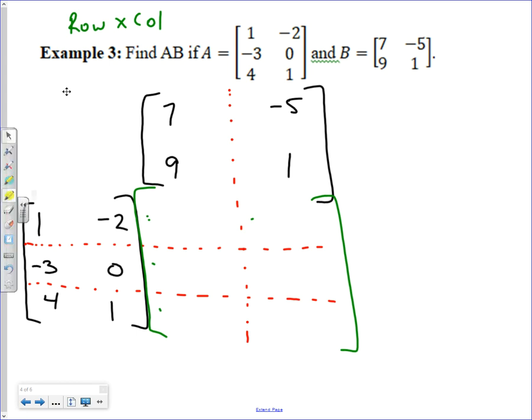So we're going to take our elements in our first row here times the elements in this column here. So 1 times 7 is 7, plus negative 2 times 9, negative 18. So that gives us negative 11.